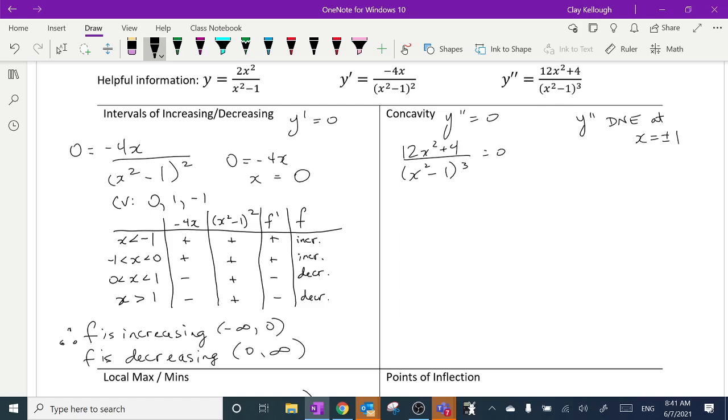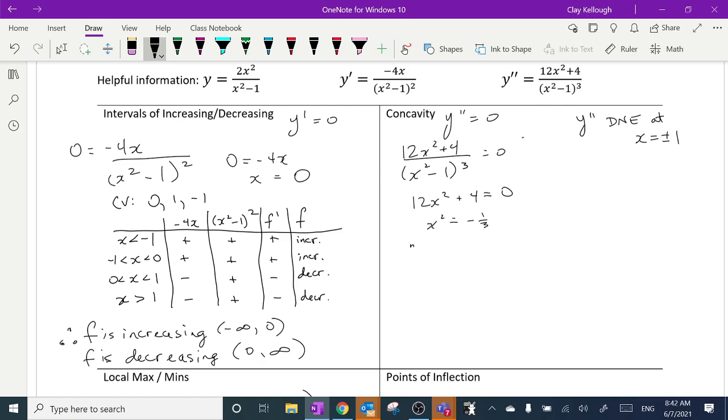And in this case, though, there's no place where this one is 0, right? Because when I multiply both sides of the equation by (x squared minus 1) cubed, I get 12x squared plus 4 equals 0. And move the 4 to the other side, divide both sides by 4, whatever you want to do, you end up with x squared is equal to negative 1/3.